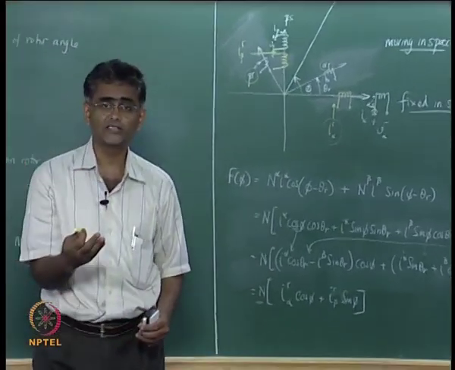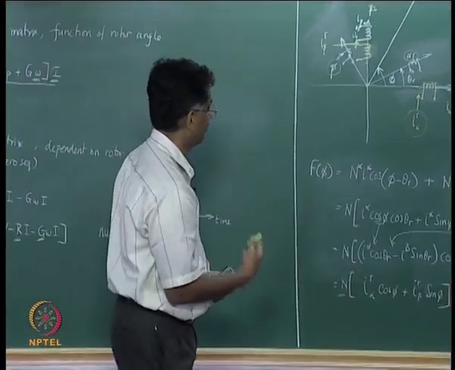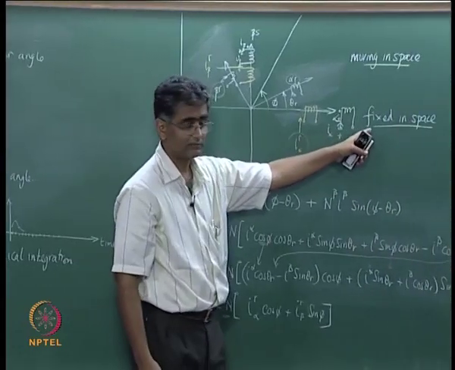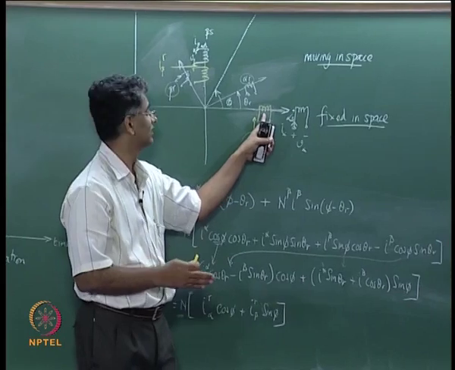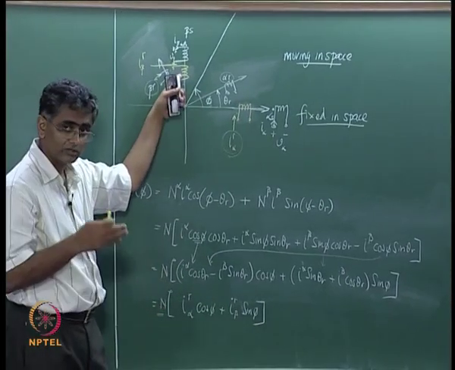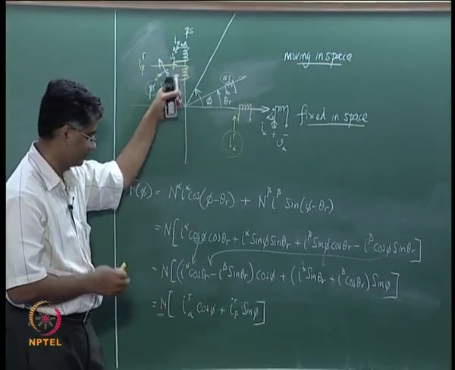Since the alpha s axis and beta s axis are fixed with respect to space, this coil is now fixed with respect to space. Similarly, this coil is also fixed with respect to space.